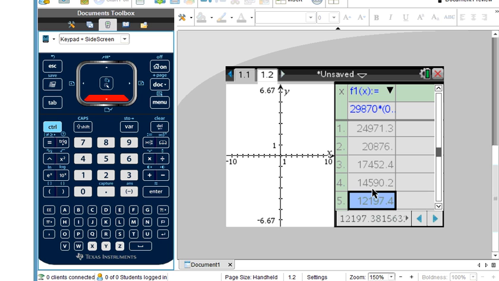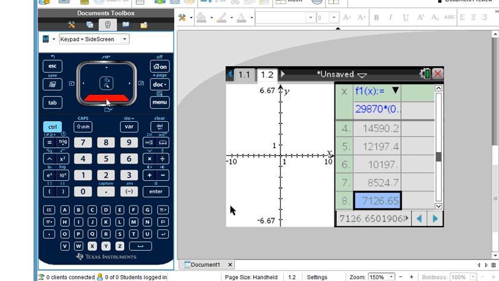Year 5 here says 12,197, and I think it's 12,124 in the actual. So we can go down to see $5,900. Let's just keep on going down to about $5,900. That's going to be right here, about 9.